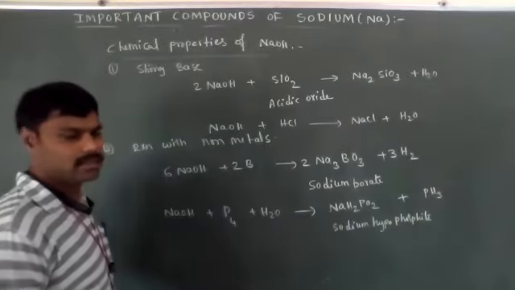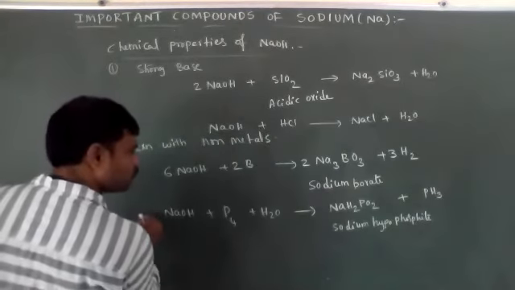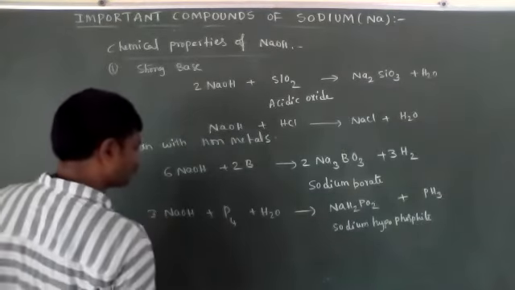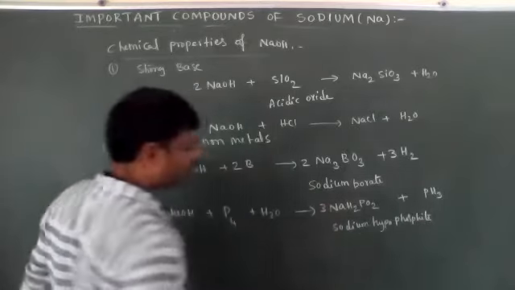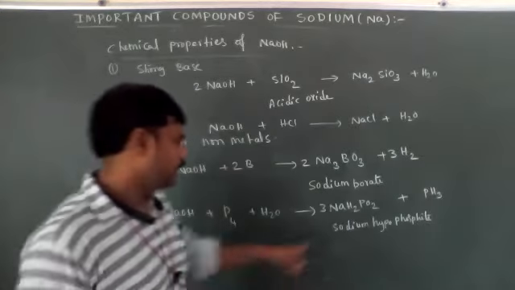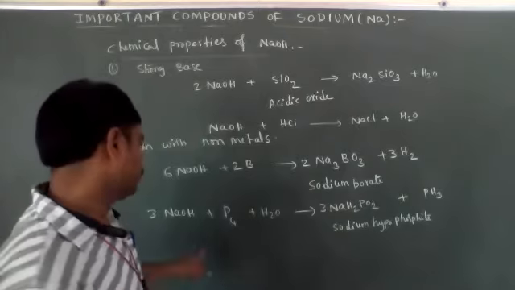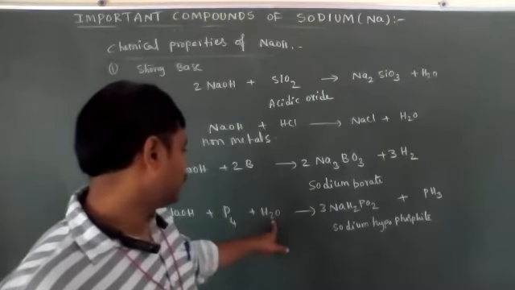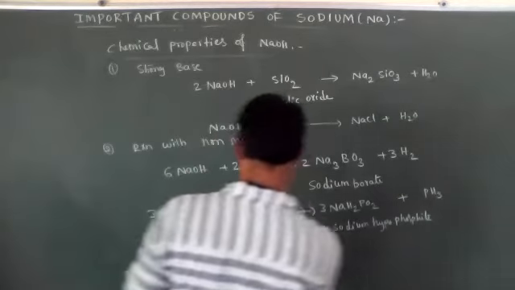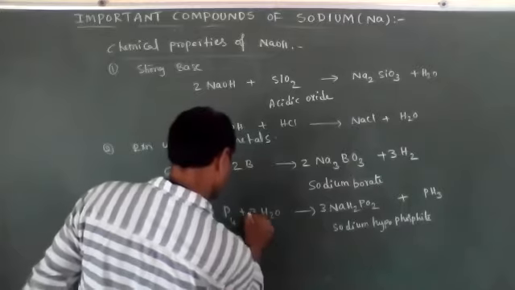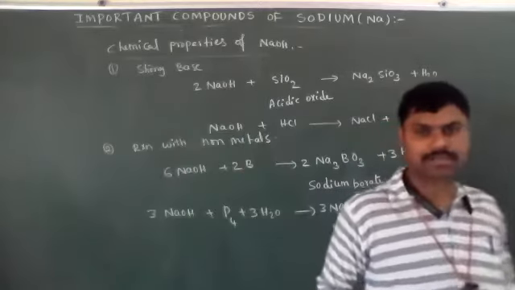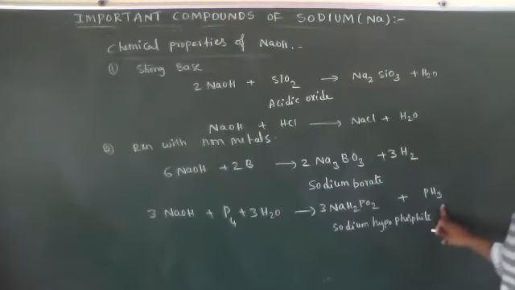Now you have to balance this equation. It is 3 moles, then 3 moles of NaH2PO2, sodium hypophosphite, will form, and 1 phosphorus, and the remaining hydrogen atoms combine with phosphorus to form phosphine.